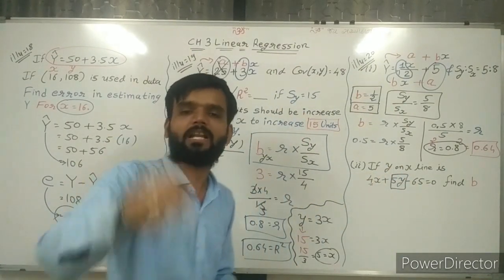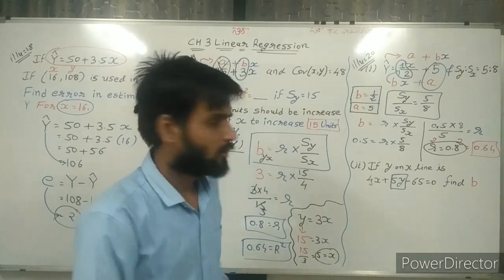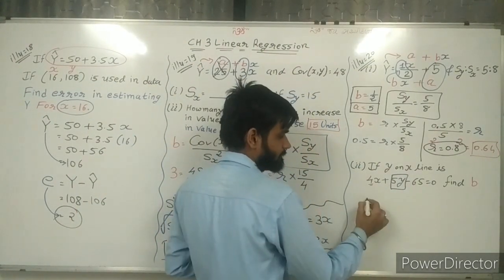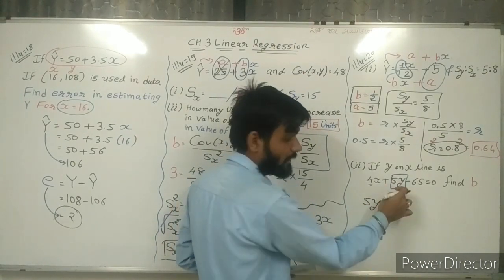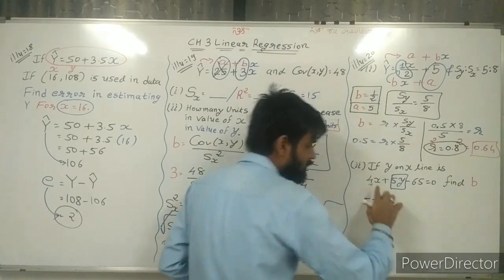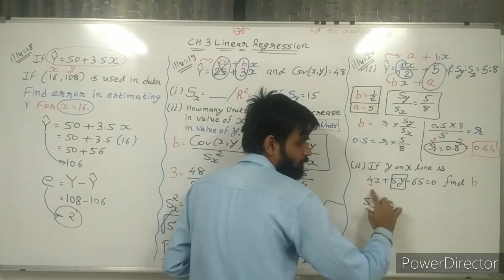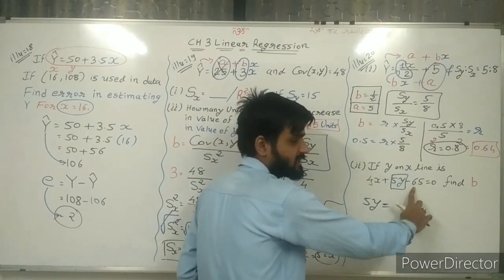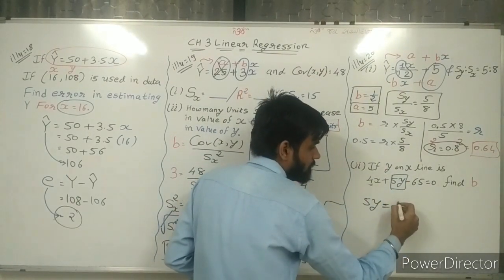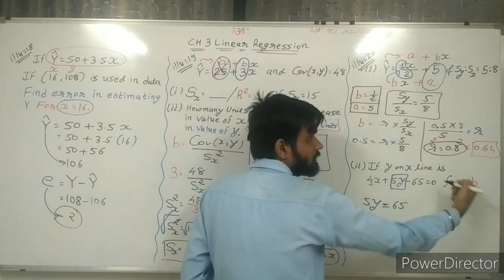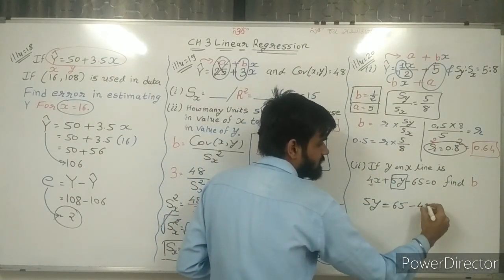Then after that we compare with the formula. So 5y remains as it is. And change the side of this 2. So first of all, I am changing the side of minus 65, it becomes plus 65. 4x plus, change its side, minus 4x.